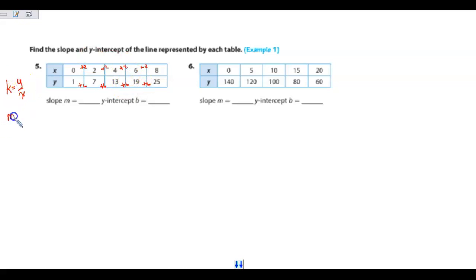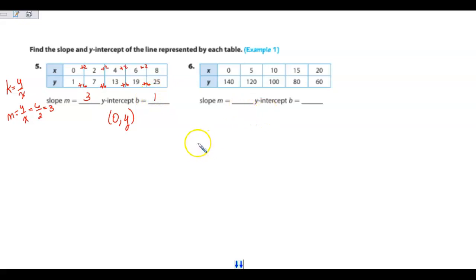Well, the constant and the slope are the same. So if I take my 6 over my 2, my slope is going to be 3. My y-intercept, x has to be 0. And then my y-intercept is going to be whatever my y is. My x is 0, my y is 1.